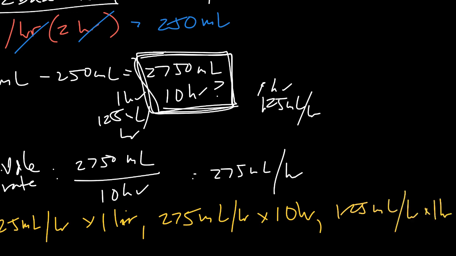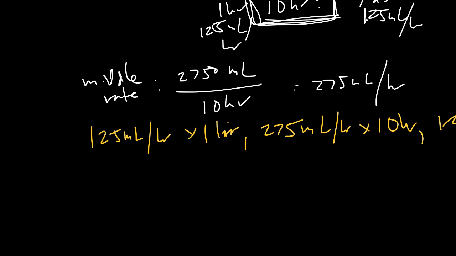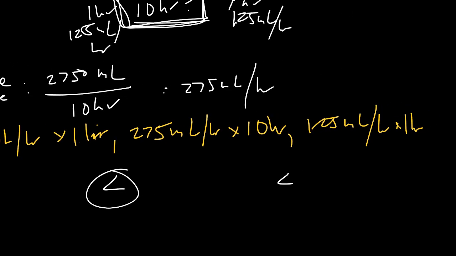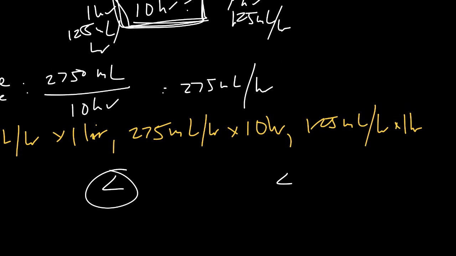This is good, which shows you why we choose a base rate, because these arbitrary rates are still less than your middle rate. So 125 is less than 275. The importance of the base rate is so you can approximate how small you should make your arbitrary rates.